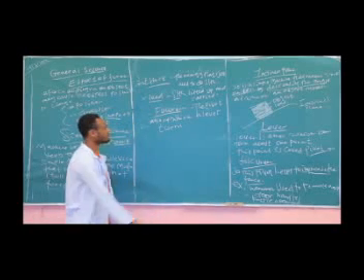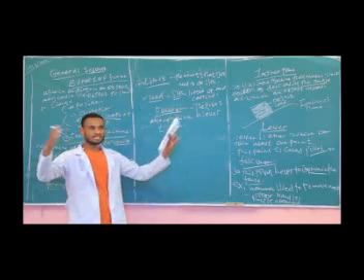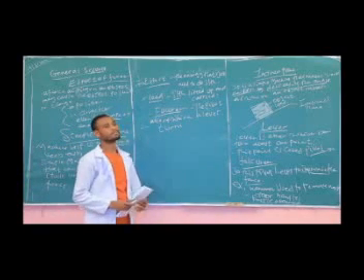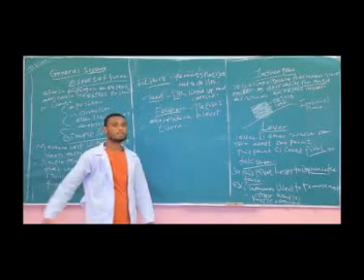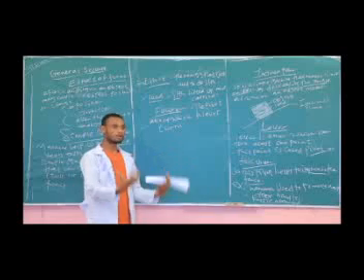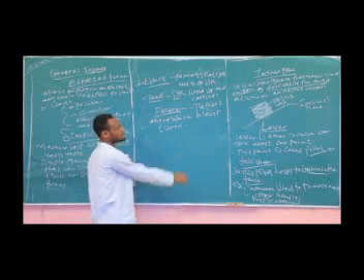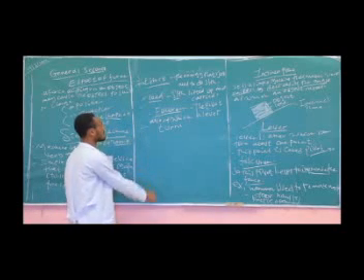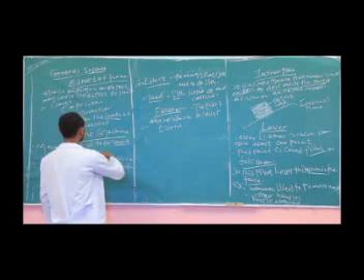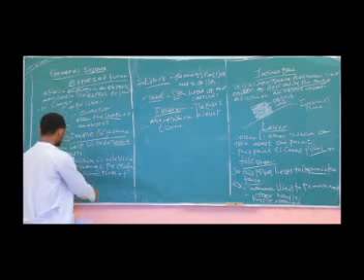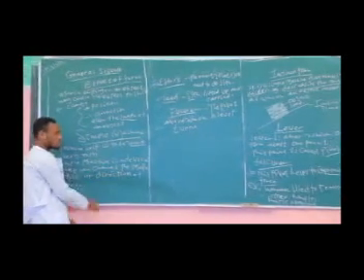Then we came to simple machines. Why are they needed? They enable us to do work in a very easy manner. There are different types of machines. A simple machine is a device that can change the magnitude or direction of forces.